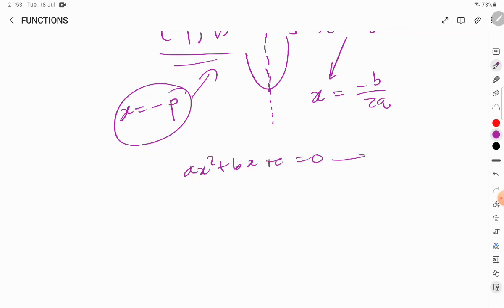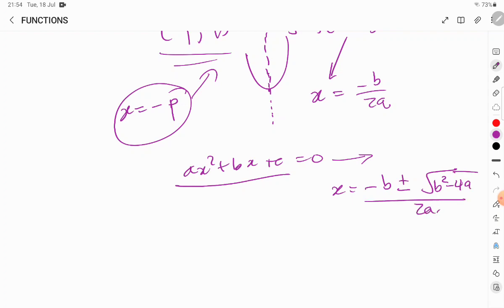If you're asked to solve for x here, that's just the general standard question. You have to make sure that this is in the standard form, factorize and find the solution. If say you can't factorize, this has always been my go-to thing: x = (−b ± √(b² − 4ac))/2a. Use the quadratic formula. You'll never go wrong, as long as you've written this in standard form and it's correct, then you can use that.